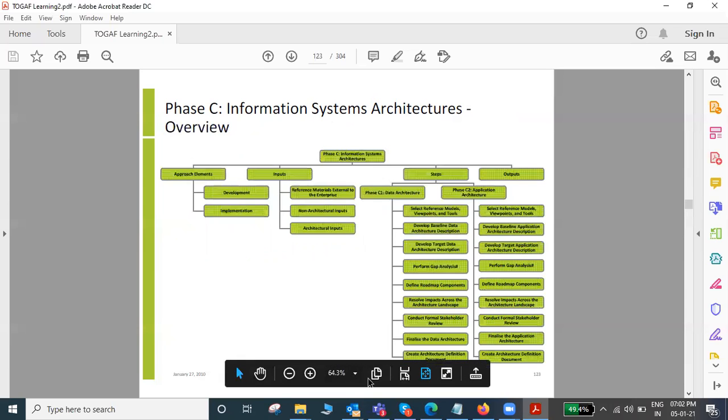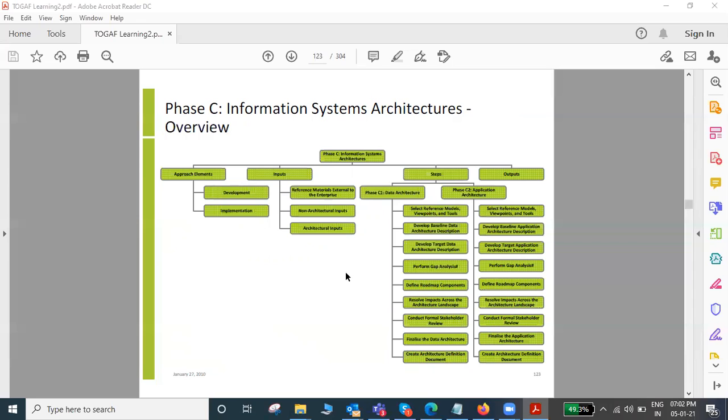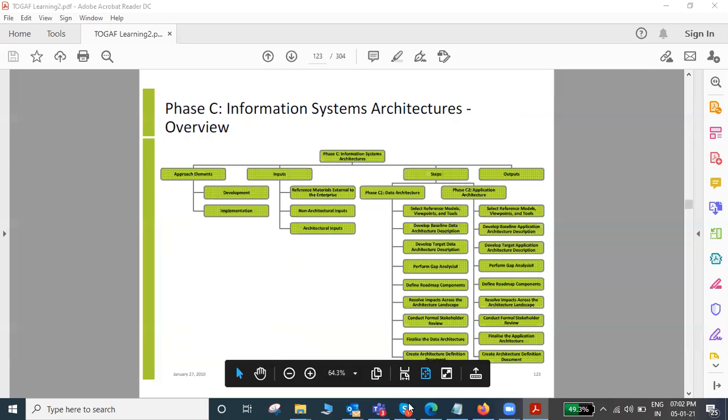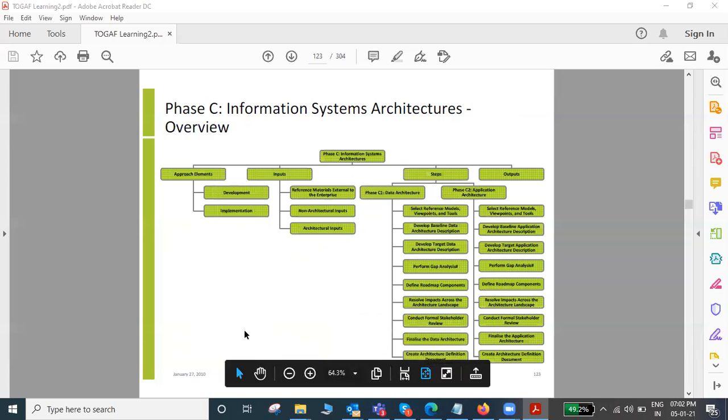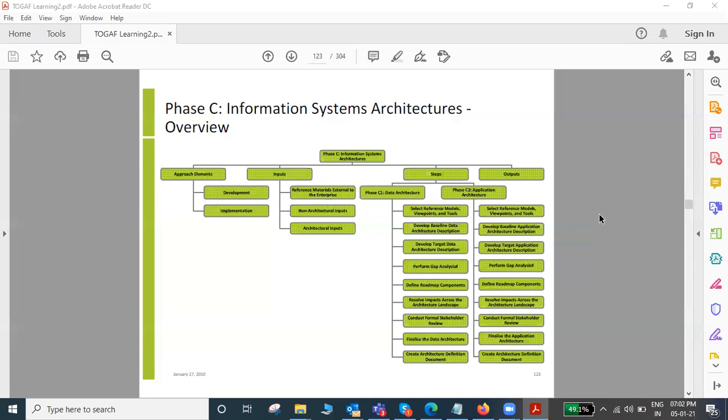Okay, so we are going to discuss information systems architecture overview. So we discussed some different things. I will review and recap the previous things a little so that you are on the same line.